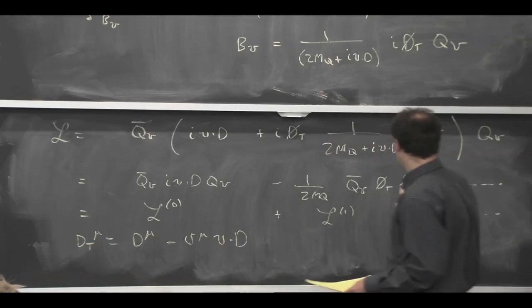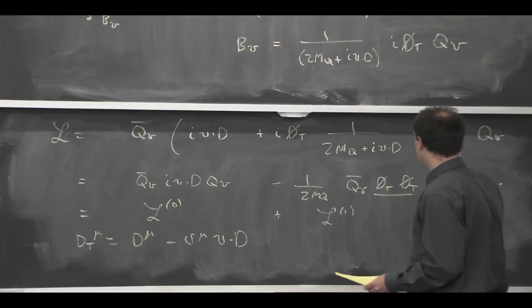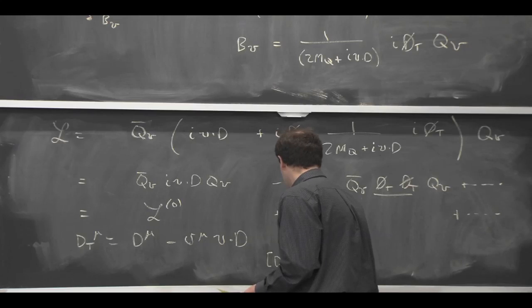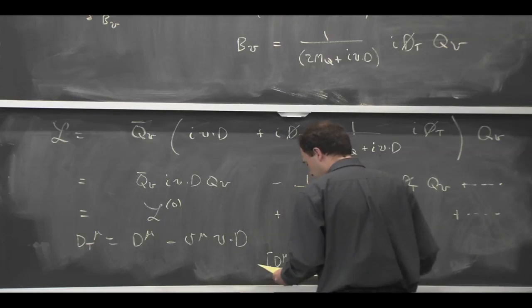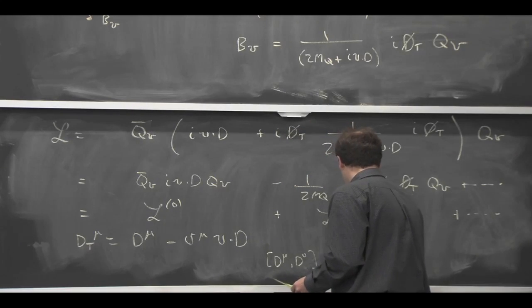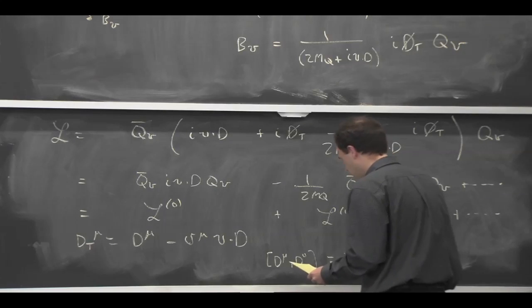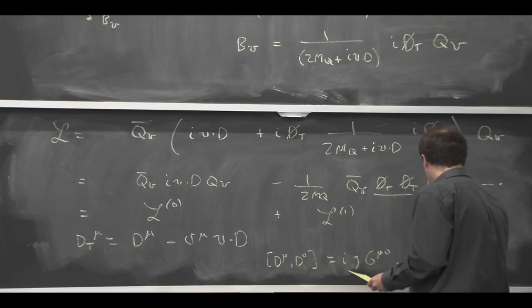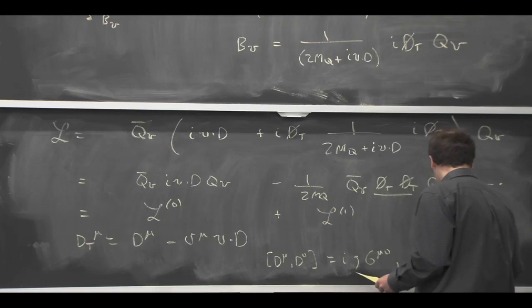To simplify this, I'm going to write it in terms of a field strength by using the fact that the commutator of two D's gives me a G, and the commutator of two gammas gives me something I can call sigma.